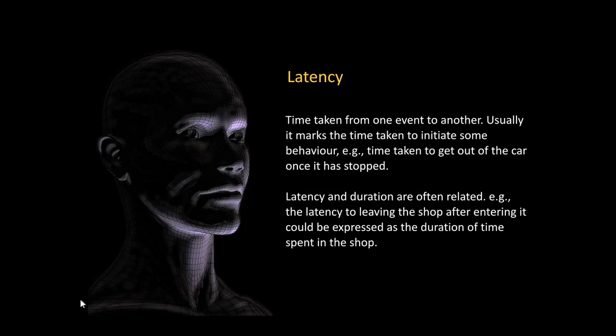With regards to latency, latency is the time taken from one event to another. Usually it marks the time taken to initiate some behavior. For example, the time taken to get out of the car once it has stopped. Latency and duration are often related. The latency to leaving the shop after entering it could be expressed as the duration of time spent in the shop.